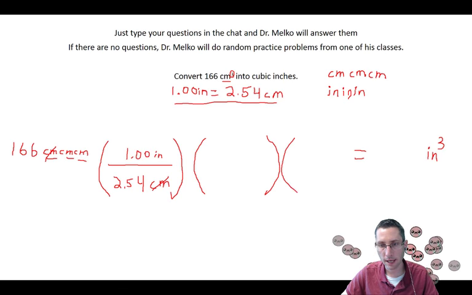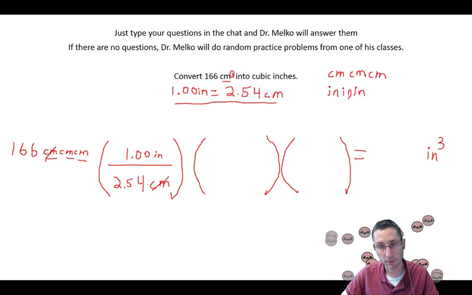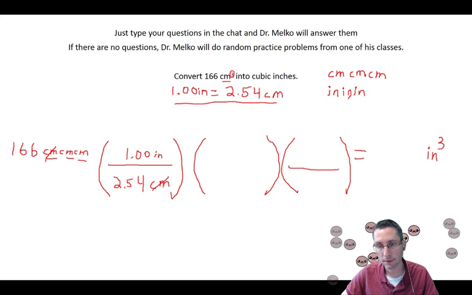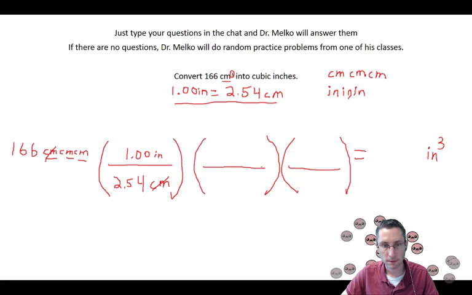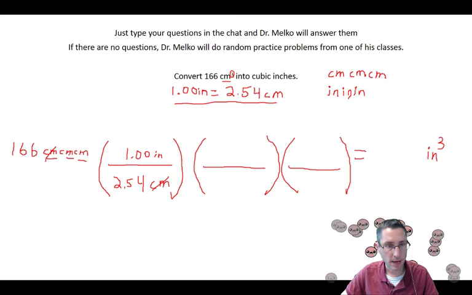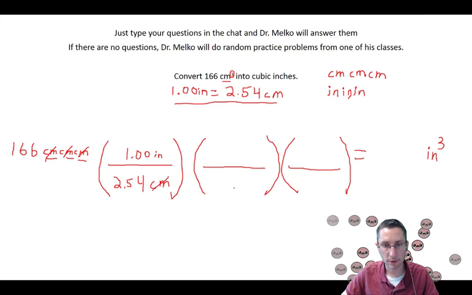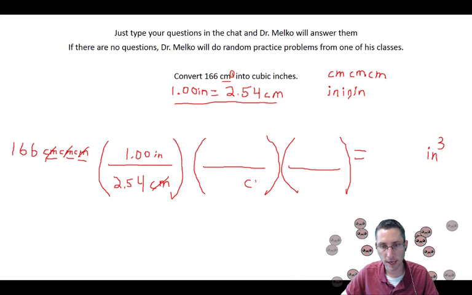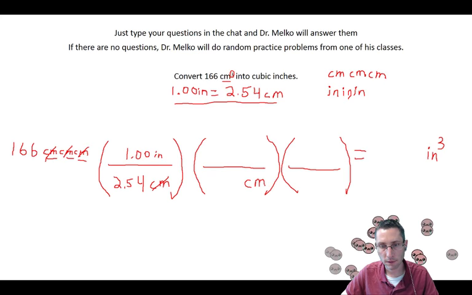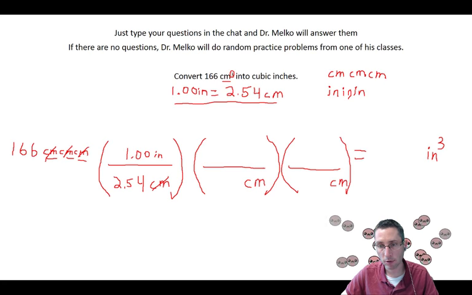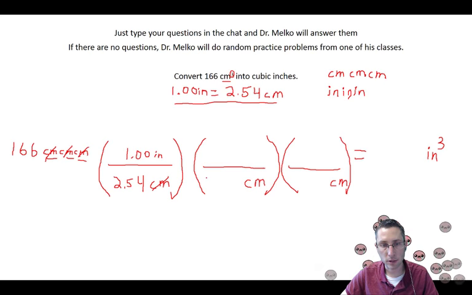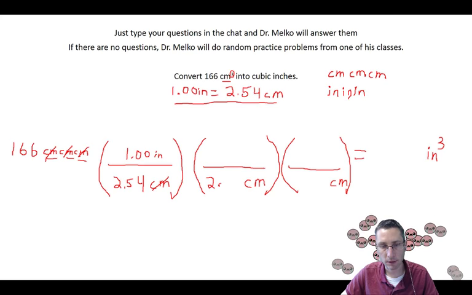So this is going to have an unprecedented, thus far, 3 sets of parentheses. And I'll have to cancel 3 of these centimeters, so each of the bottom parts of these parentheses are going to have centimeters. And I'm just going to use this single unit equation 3 times, 2.54 centimeters per 1 inch.